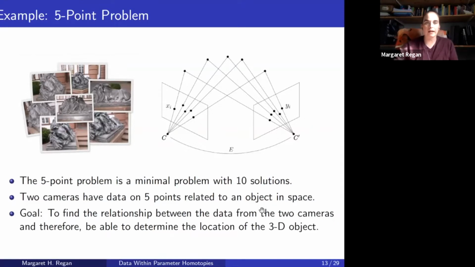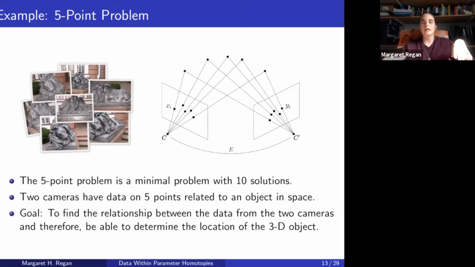and yi parameter points. And this is called a minimal problem because there's a finite number of solutions to the parameterized polynomial system that defines this problem. And that finite number is 10. And so the goal of the parameterized polynomial system here is to find this relationship matrix between the two cameras of the 2 pictures that you're taking data points for.